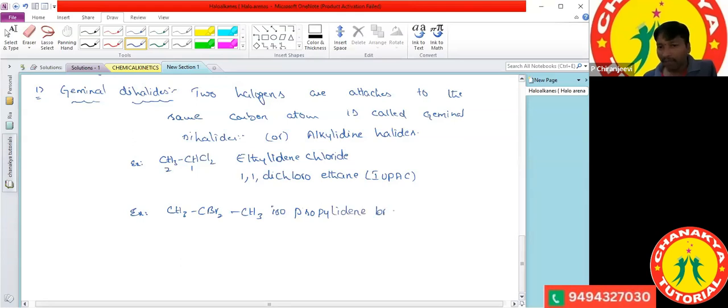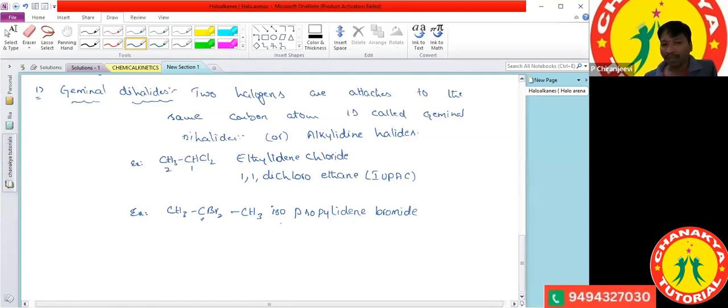Isopropylidine bromide. Sir, why are we calling it isopropylidine? Iso means the last but one carbon atom is attached with one methyl group. In propane the second carbon we can call iso. Generally if it has 3 carbon atoms, the second carbon is called iso. Hence we write isopropylidine bromide.